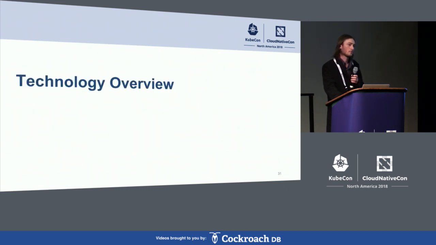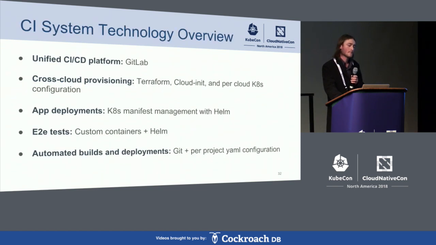So a technology overview of all the technologies we use to pull this off. For the CI/CD platform, for actually running all these jobs, we use GitLab. So this allows us to specify how to build this project in a YAML file. And then how we provision our clusters. So for this, we used a combination of Terraform.